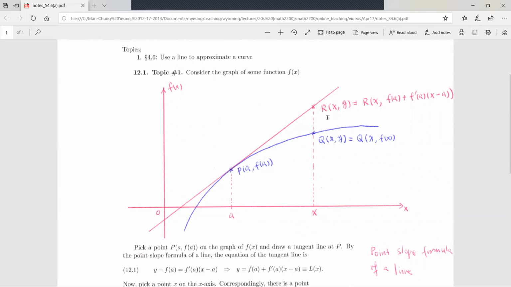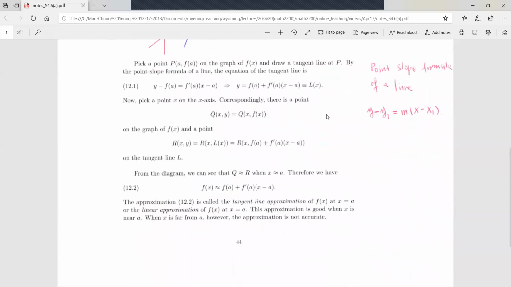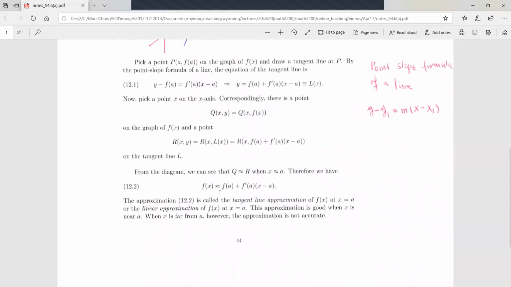Therefore, their y coordinates are far from each other. In the following, I will show you examples about how good this approximation will be, and also some examples about how we use this approximation to solve practical problems.